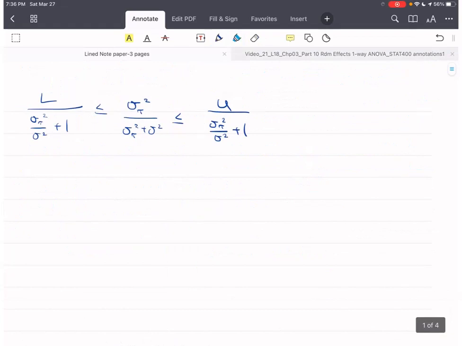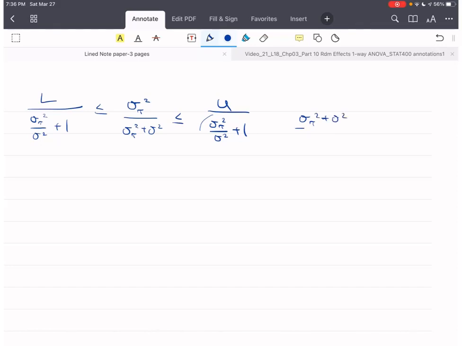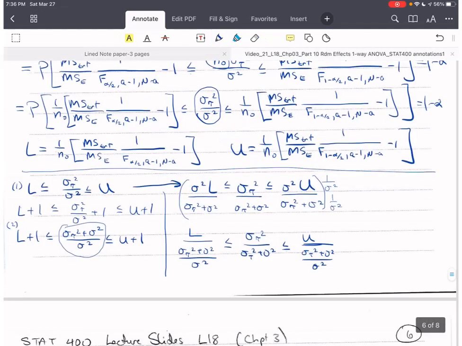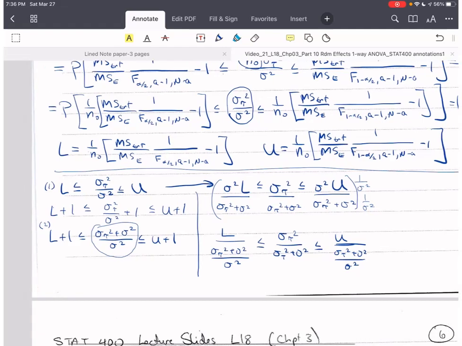And that's exactly what I have, sigma tau squared plus sigma squared over sigma squared. So that's what I have in the denominator here. Okay? And that's between L plus 1 and U plus 1.